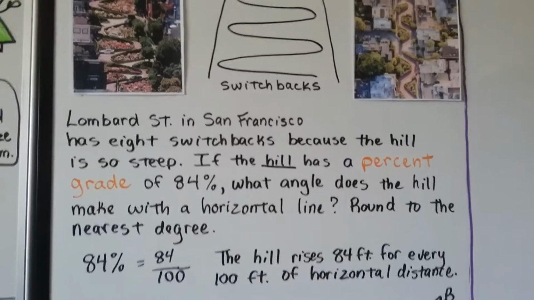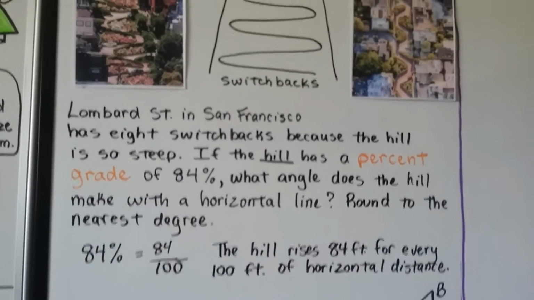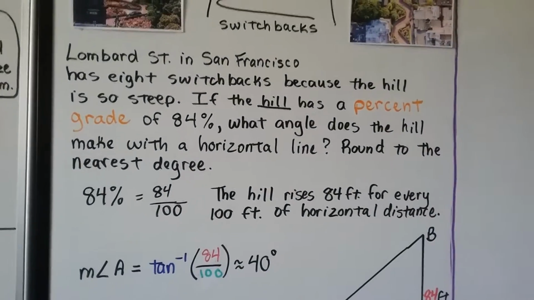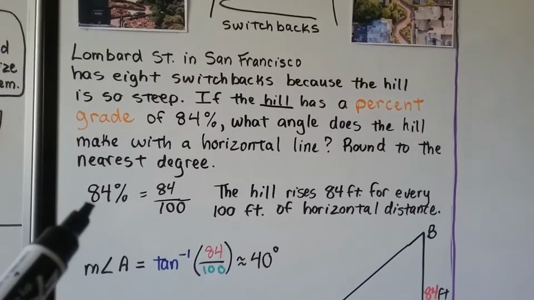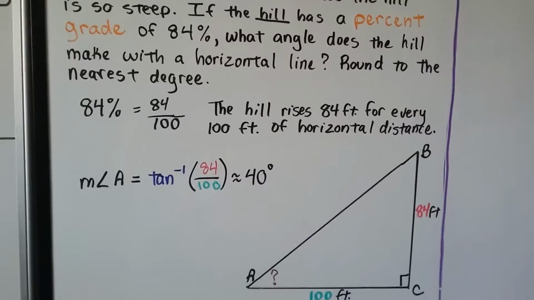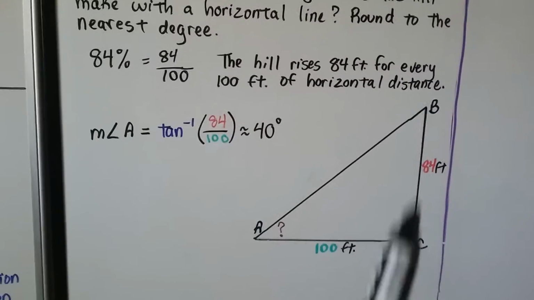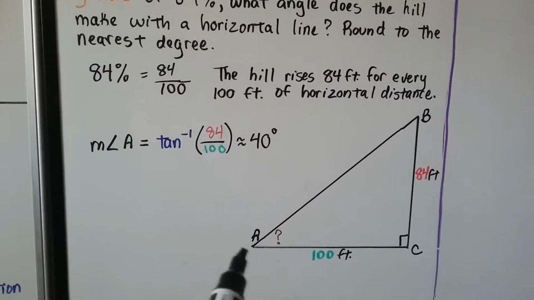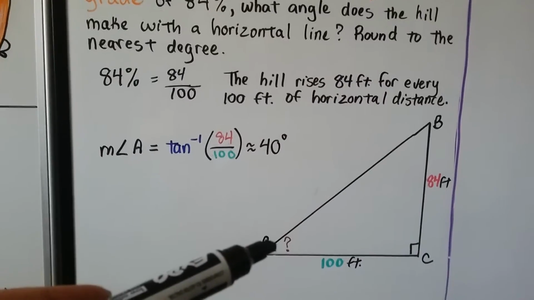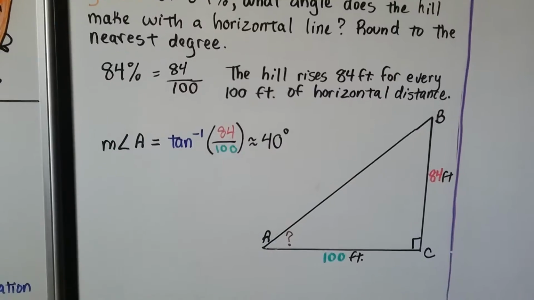If the hill, not the street, has a percent grade of 84%, what angle does the hill make with a horizontal line? We round to the nearest degree. If it's an 84% grade, that's 84 over 100, which means the hill rises 84 feet for every 100 feet of horizontal distance. The measure of angle A here will equal the inverse tangent of 84 over 100.